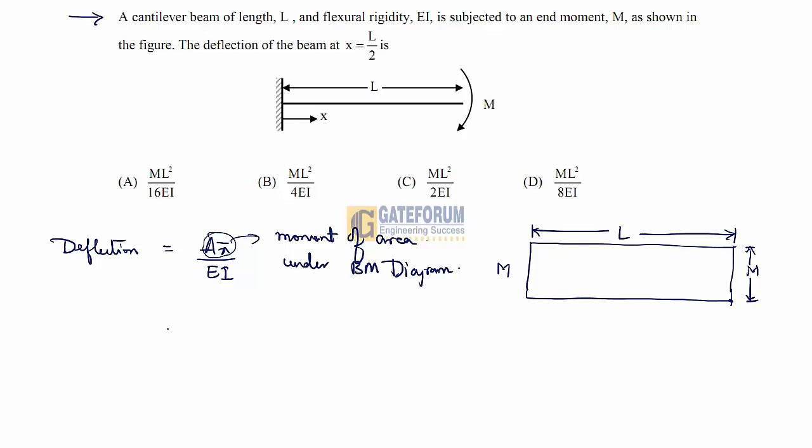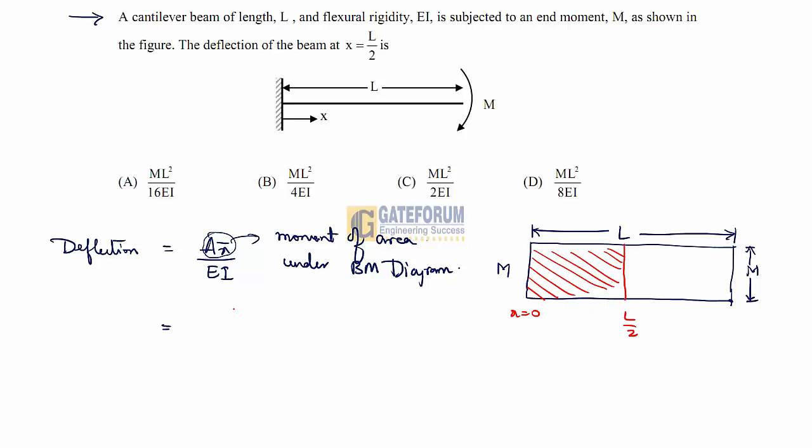Here we are required to know the deflection at x equal to L by 2 location. From the fixed end, this will be x equal to 0 and this will be x equal to L by 2.